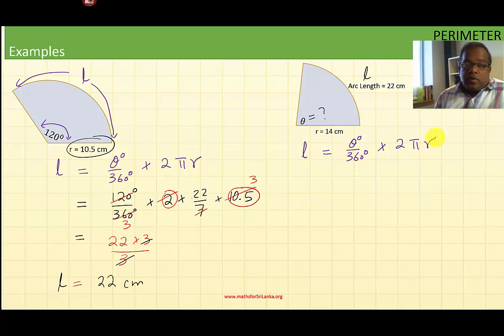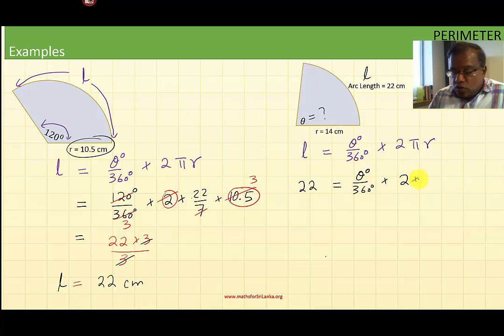Now if I substitute the values of L and r, then I'll be able to find theta. So L is 22, theta we want to find, pi again we use 22 over 7, and r is 14 centimeters.